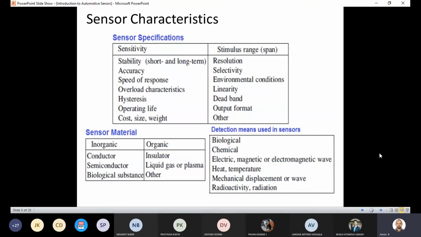Another important thing is the sensor material. It may use conductor materials, semiconductors, and even some kinds of biological substances.